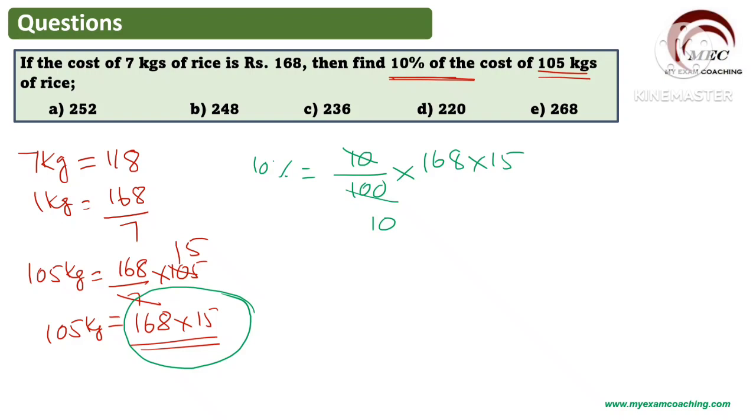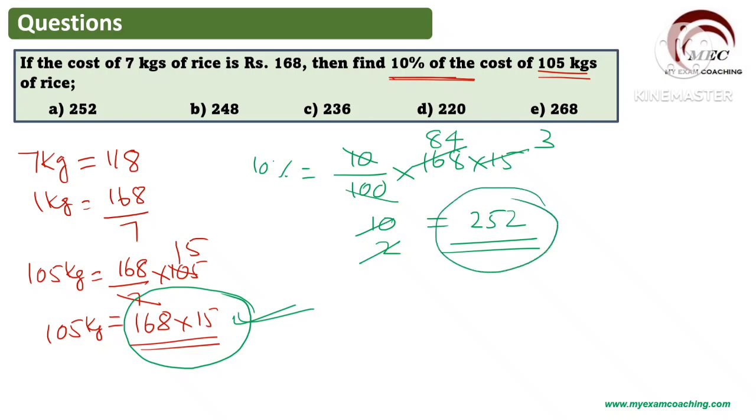Cut this 5, 3 times. Here 5, 2 times. Here 2 will go in this 84, 4 times. So the total will be 3 4s are 12, balance 1, 24 plus 1, 25. 252 will be the 10% of this number. So 252 is the correct answer. Accordingly, you can mark option A as the correct answer.